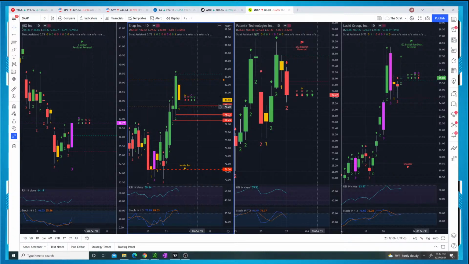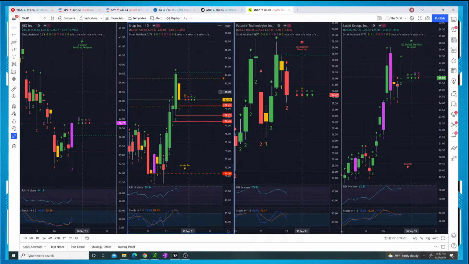So now tomorrow, whether this opens up inside or maybe it's about to push up above this high, correct? As soon as the share price goes above that level, you'll be alerted. Depending on how you have your notifications set up, I usually have mine sent to my phone, and it also alerts you on TradingView.